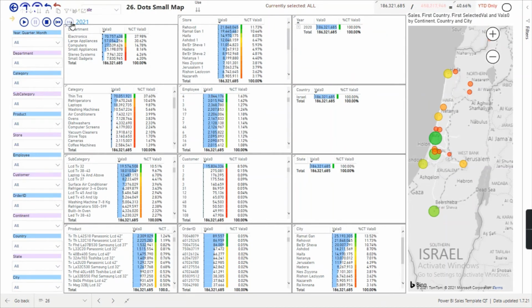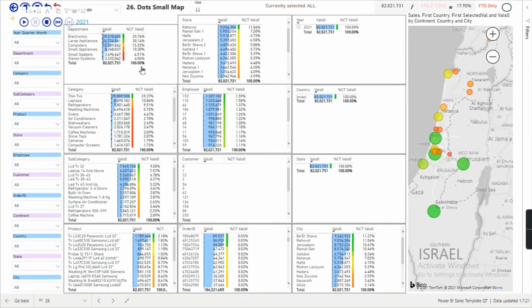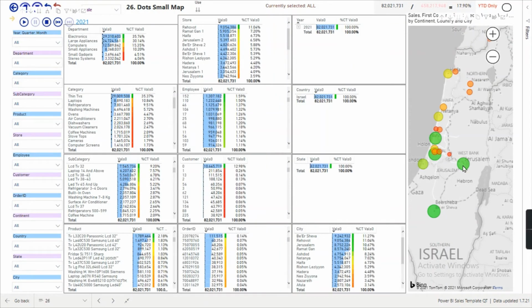And 21, Jerusalem is very big, Rehovot and Ramat Gan still big, and Beersheba. Maybe in a year like 2020, with the coronavirus, we will see a lot of changes even on a weak resolution.